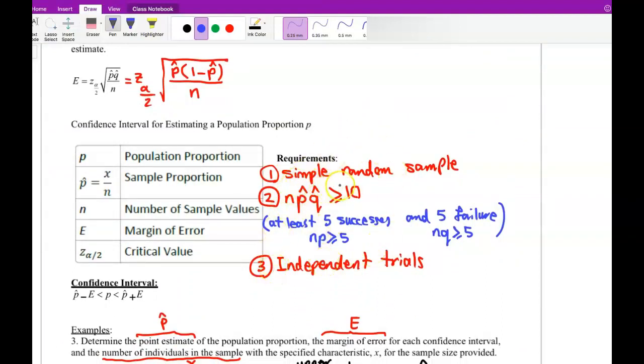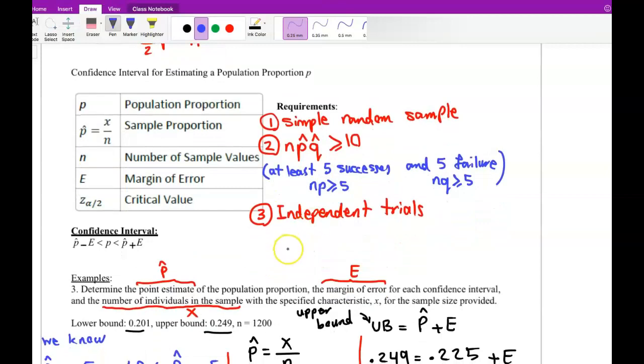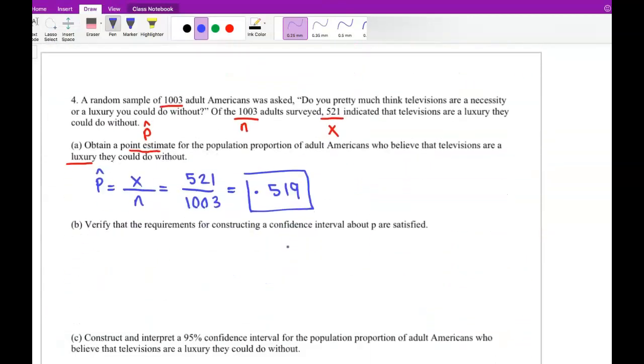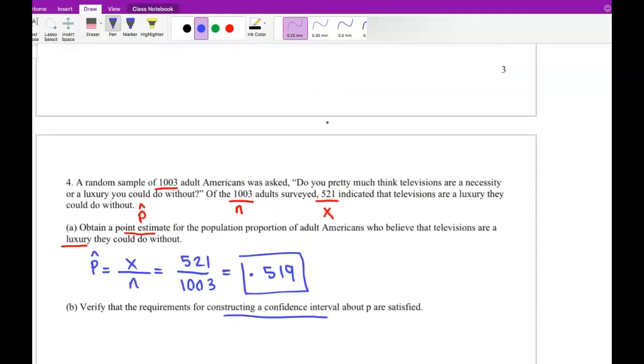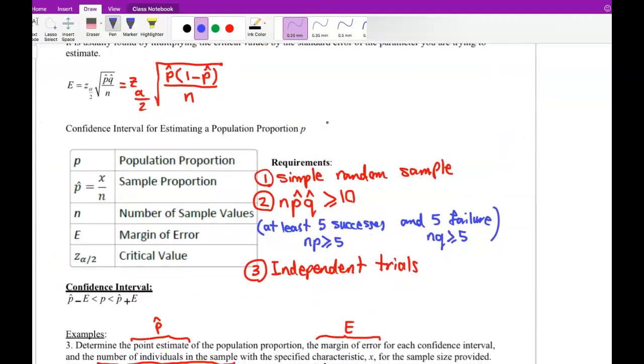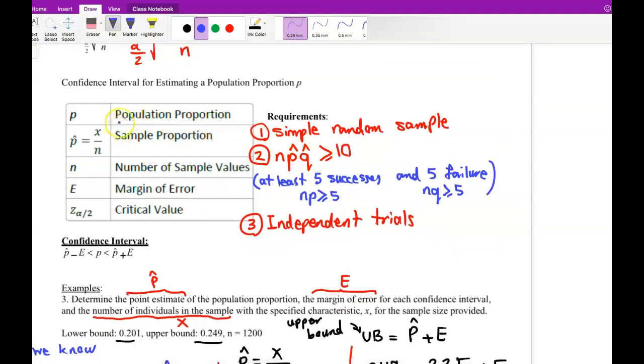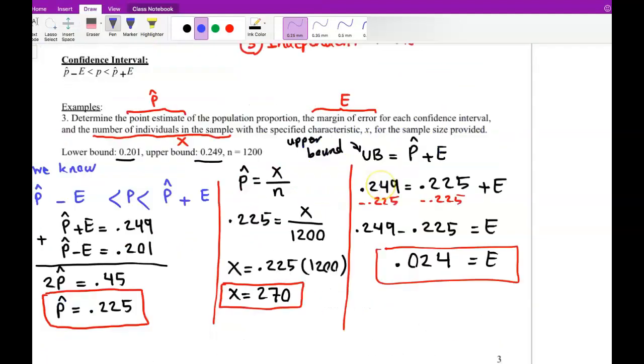I should have a simple random sample, n times p hat times q hat should be greater than or equal to 10, and I should have independent trials. These are the requirements for the population proportion p.